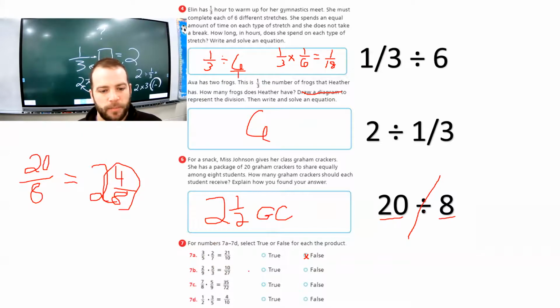Maybe. 5 times 2 is 10. 9 times 3 is 27. That's true. 7 times 5 is 35. 8 times 9 is 72. That is true. 1 times 3 is 4, and 2 times 5 is 10. Fake news.